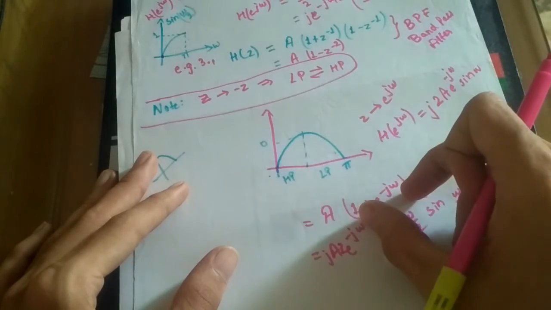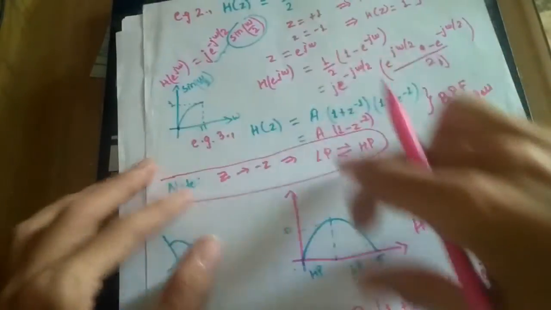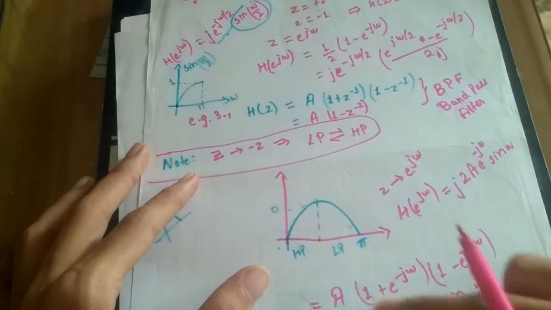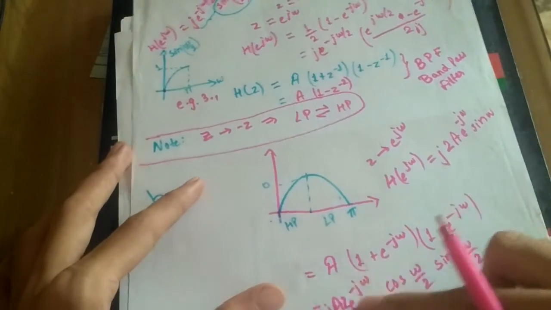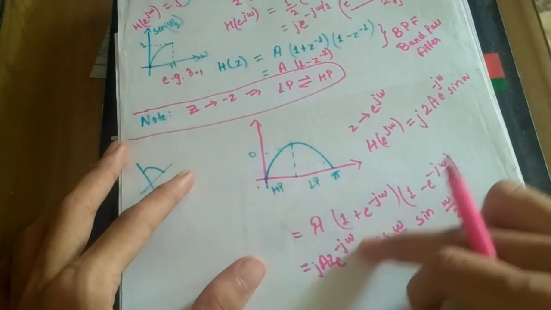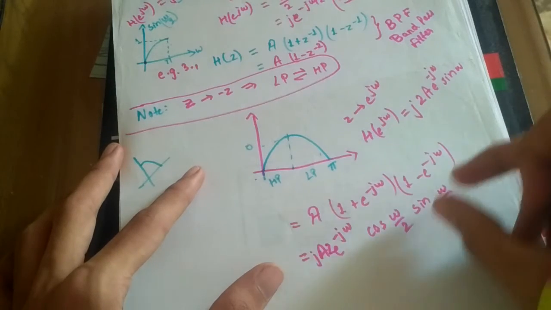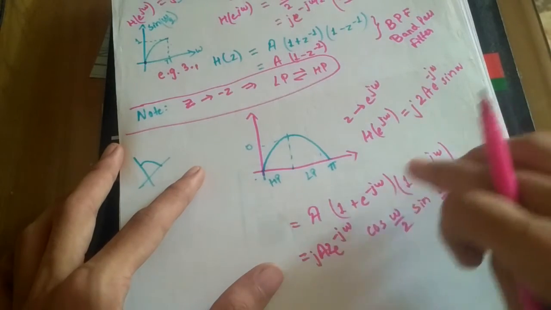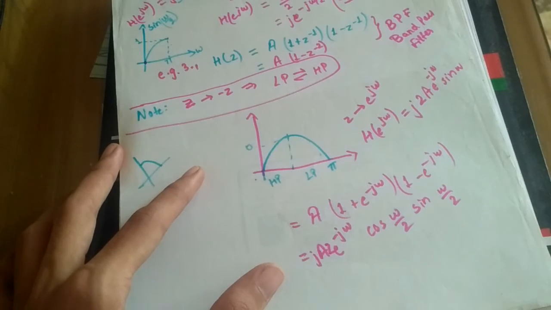From this part we are taking e power minus j omega by 2 as common, as done in this case, and from this part also. So outside we are having omega by 2 plus omega by 2 in e power, so we are having outside e power minus j omega, right? And this will give cosine omega by 2, and this will give sine omega by 2, after taking e power minus j omega by 2 common from both of them, right? So at the end we are left with this.